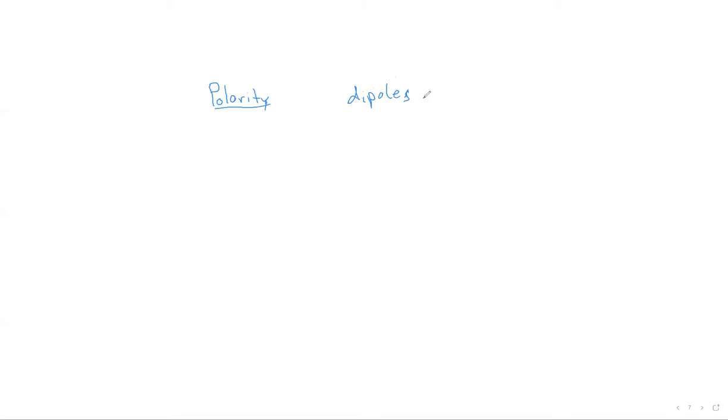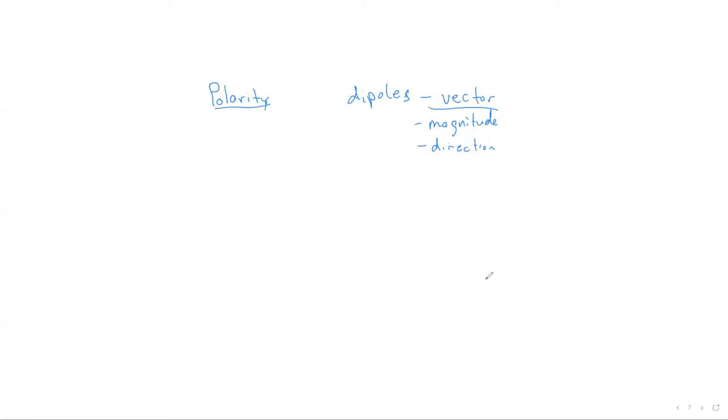Dipoles are vectors. And what does it mean to be a vector? If you took physics, they teach you this. A dipole is a vector. It has a magnitude and it has a direction. So it's not just a magnitude, it also has a direction.